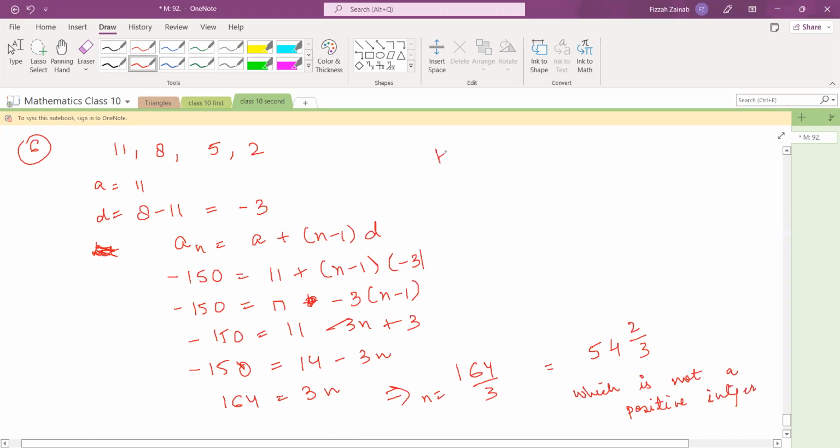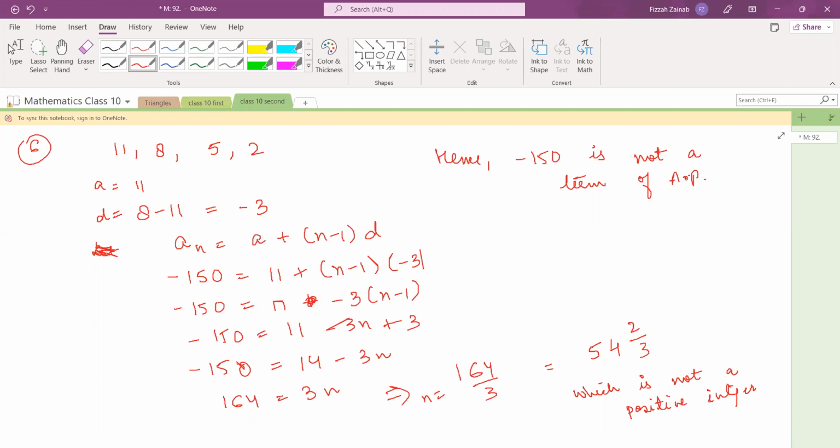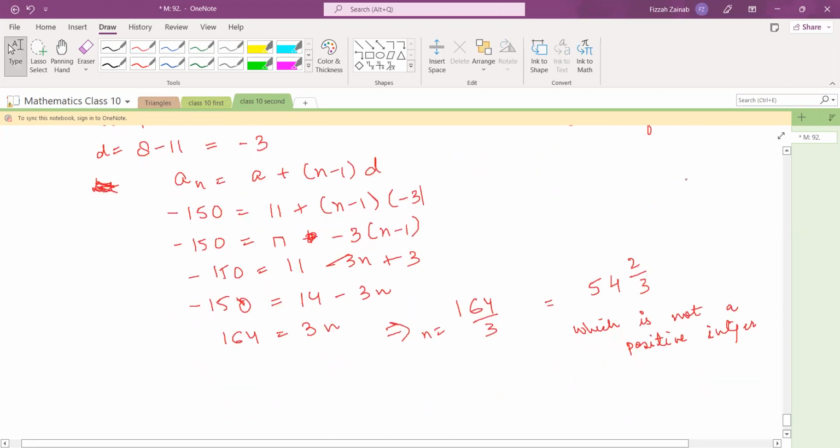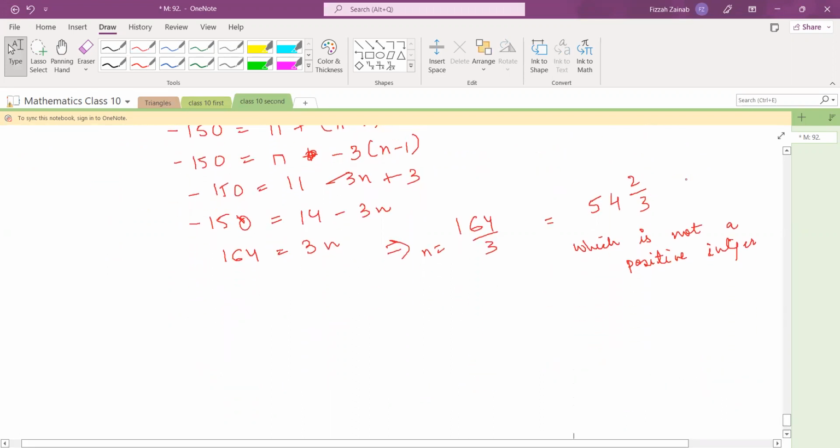So you will write, hence minus 150 is not a term of the AP. Fine, Harsha. Yes, ma'am. Okay, next question, 7th.